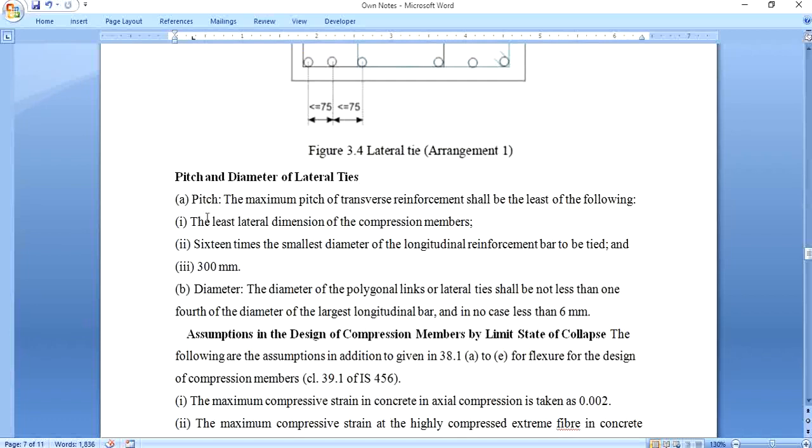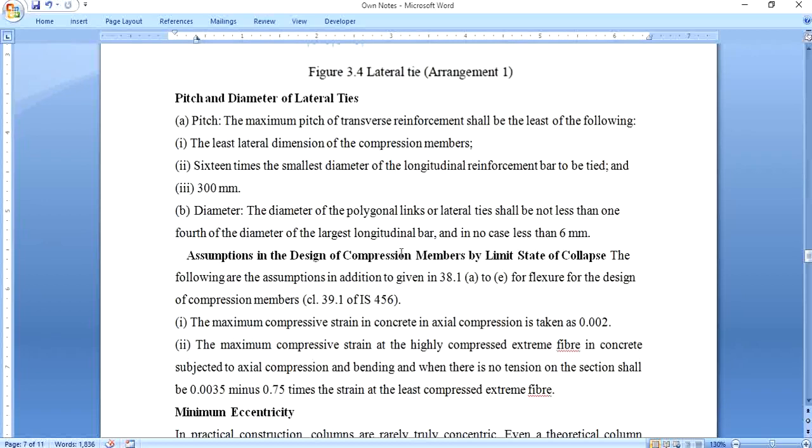Pitch should be the minimum of three values: the least lateral dimension of the compression member, meaning either width or depth, whichever is least; 16 times the smallest diameter of longitudinal bars; or 300 mm. The diameter of the lateral ties should not be less than 1/4 of the largest longitudinal bar diameter, or else it should be minimum 6 mm.